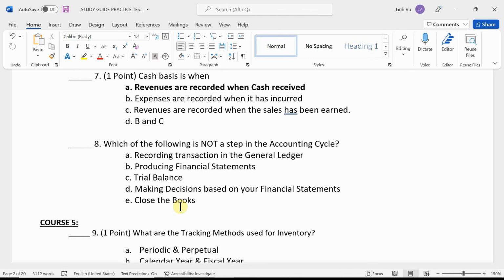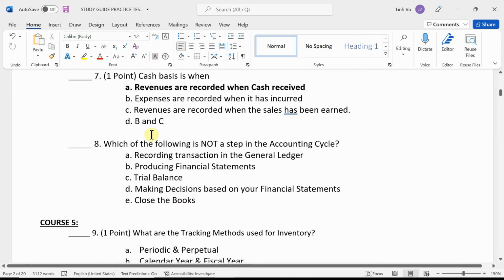Number 8. Which of the following is not a step in the accounting cycle? D, making decisions based on your financial statements. Yes, you never formulate any opinions into your financial statements.